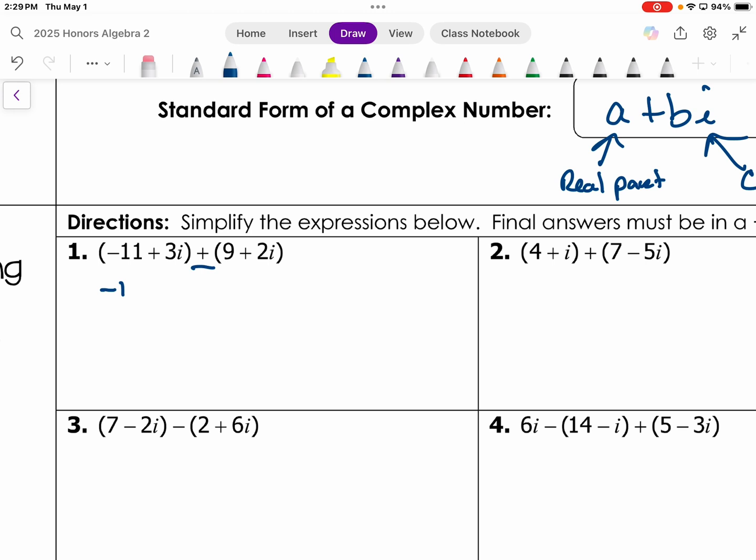So this is just negative 11 plus 9. And then it's plus 3i plus 2i. So the negative 11 and 9 make negative 2. And then 3i plus 2i is 5i. And I am in the correct format. I have the i listed second. Why didn't I make the exponent on the i be a 2?